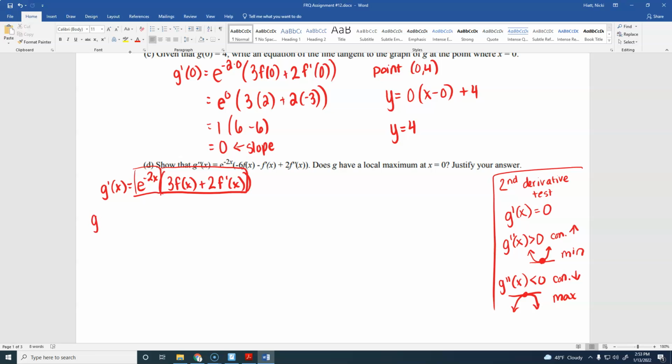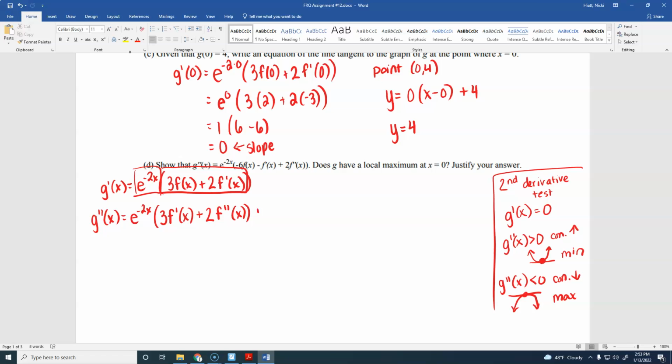So g double prime of x is going to be e to the negative 2x times, we're going to take the derivative here, 3f prime of x plus 2f double prime of x. Now, it's just half of it, because that's f times g prime.